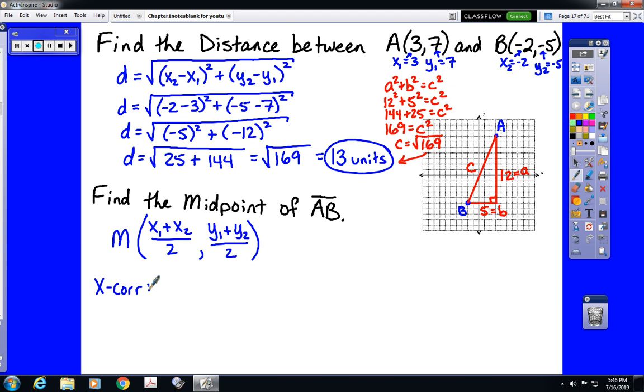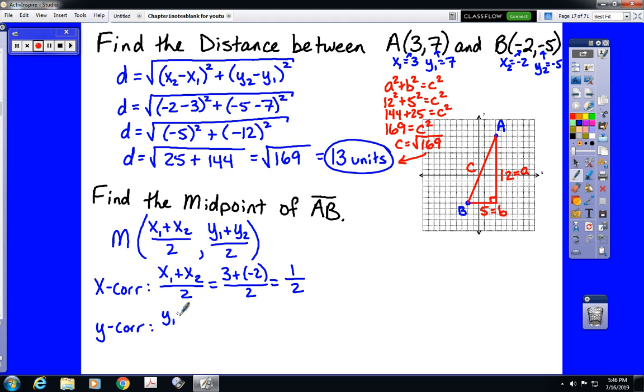I start with the x-coordinate, which would be x1 plus x2 divided by 2. That would be 3 plus negative 2 divided by 2, or 1/2. The y-coordinate, same idea.